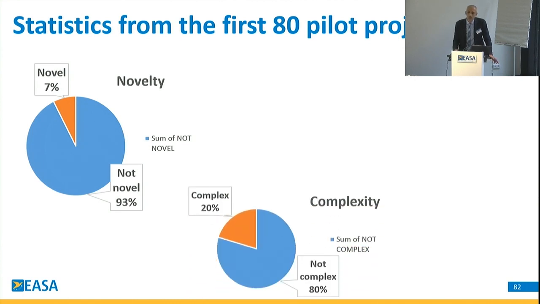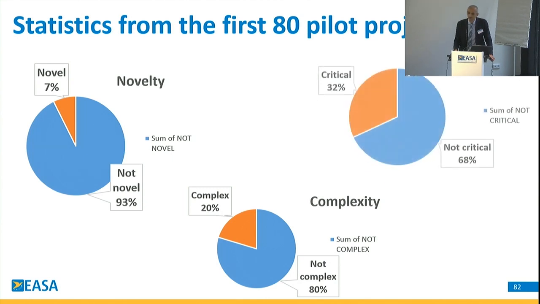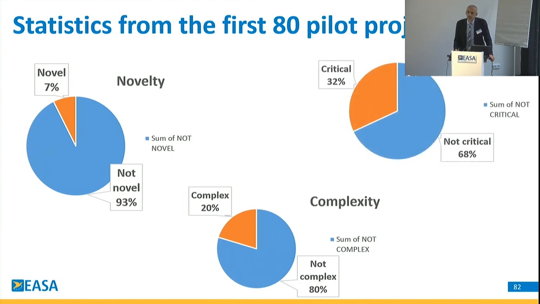Then we had about 20% of the CDIs classified as complex, and 80% not complex. And regarding criticality, we had 32% of the CDIs classified as critical, and 68% non-critical.